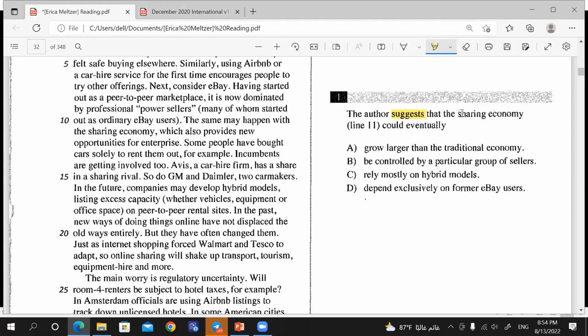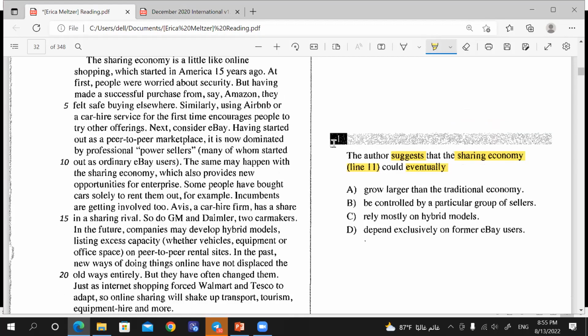And after this pronoun that, I'll start highlighting the important elements: that sharing economy, line 11, could eventually. Okay, so I know where to read.